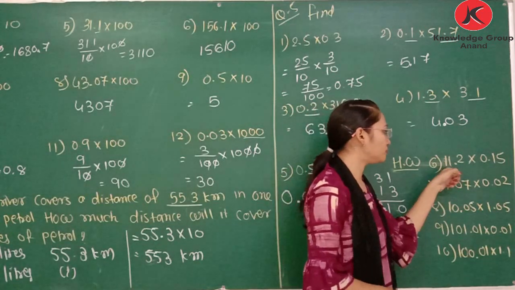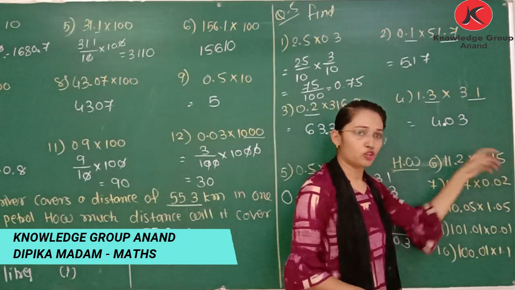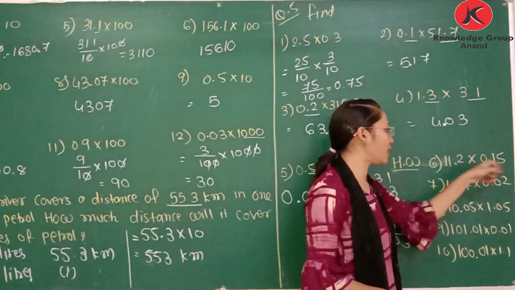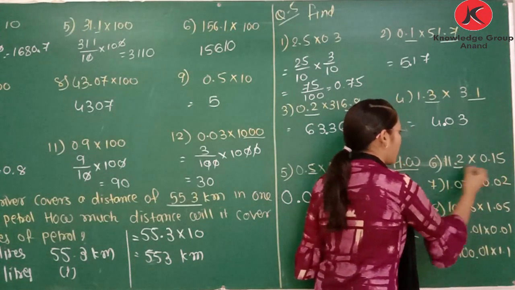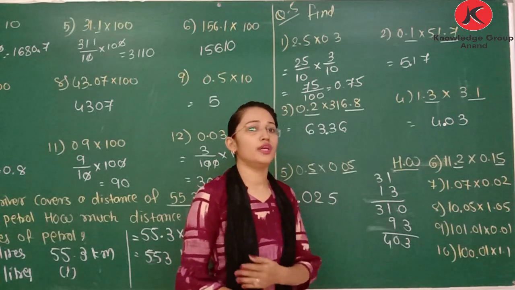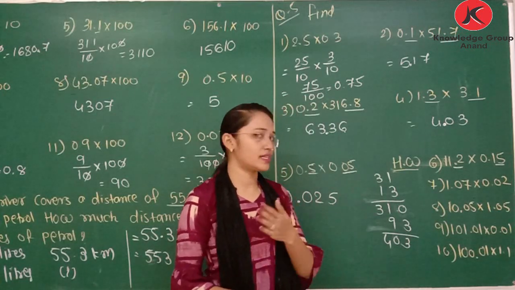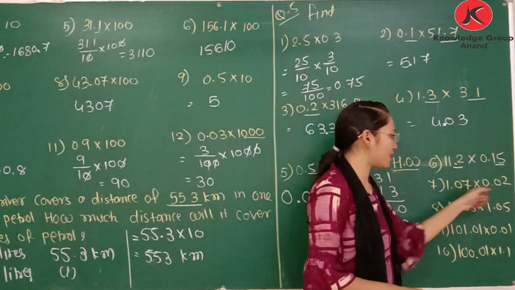What you have to do: 11.2 multiply 0.50. Normal multiplication, 112 multiply 50. Then what to count? Total decimal points: 1 and here 2. Total 3 means the decimal point should be where? 3 digits from the right. Start from the right, and after 3 digits put the point. Here 107 multiply 2.